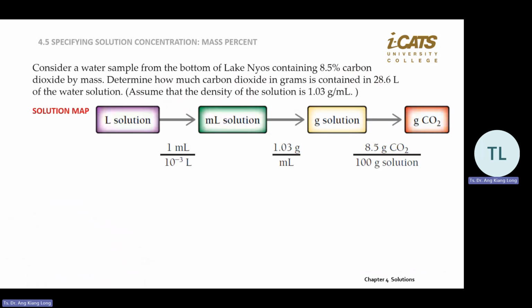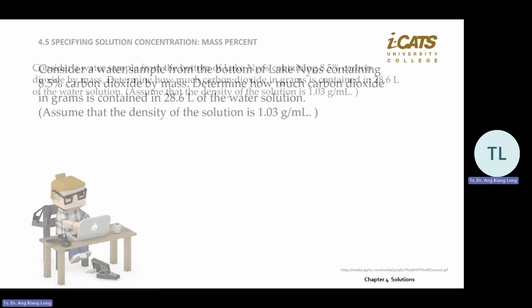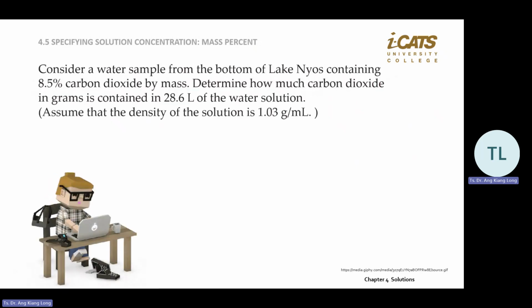This question is a bit tricky and is about the standard of your test or final exam. You see the unit is actually a bit tricky. It gives you the density as 1.03 grams per milliliter, and in the question it gives you the volume in liters, 2.86 liters.